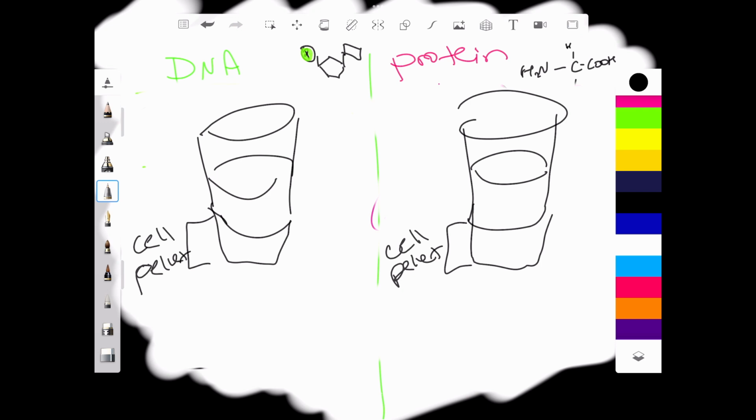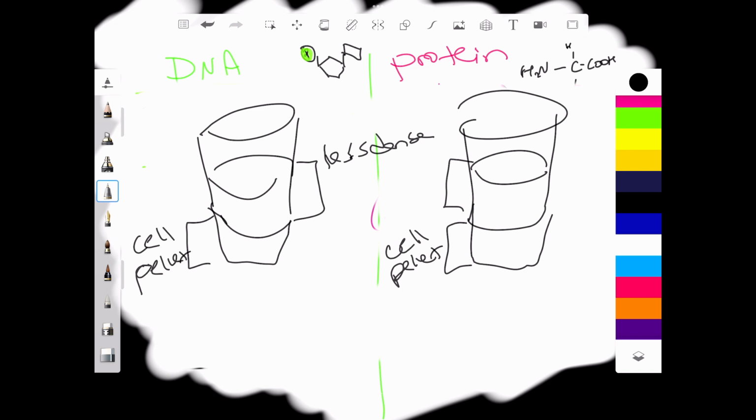And at the top, there was a layer that did not contain cells. So it contained other stuff like just liquids, any fats that might have been in the media, or other things that weren't incorporated inside of the cell. And again, that's what's up here.